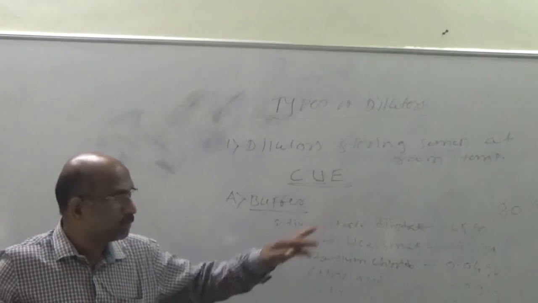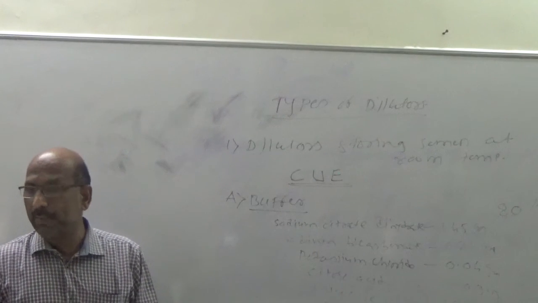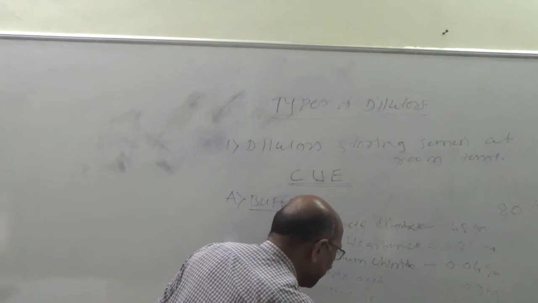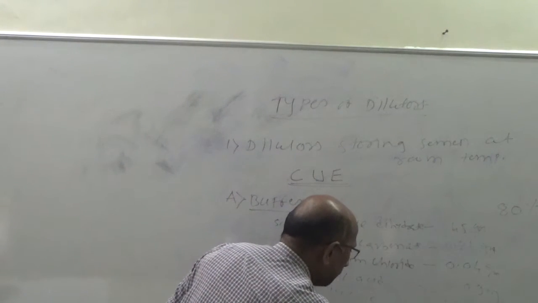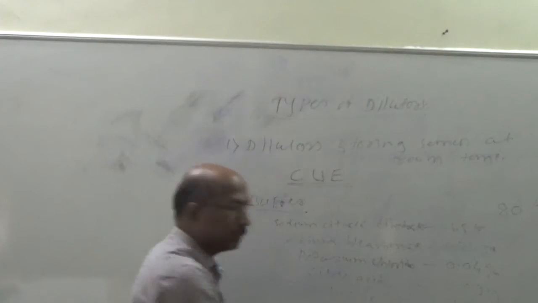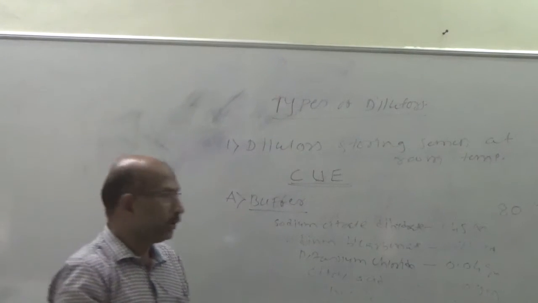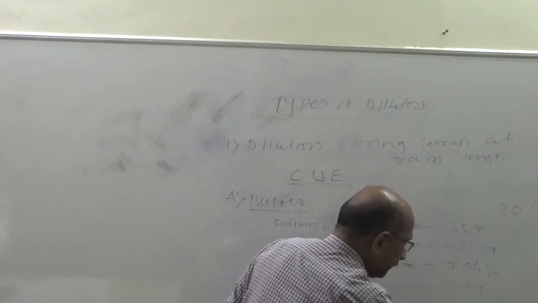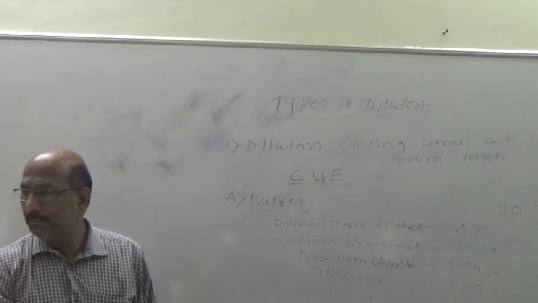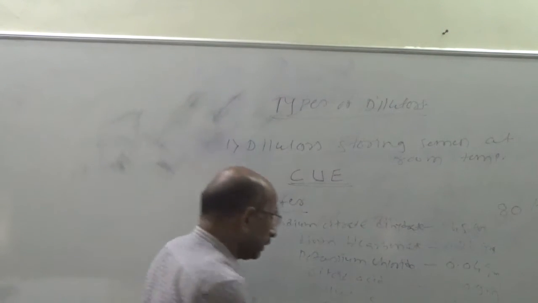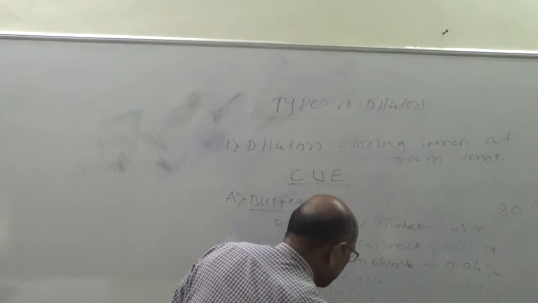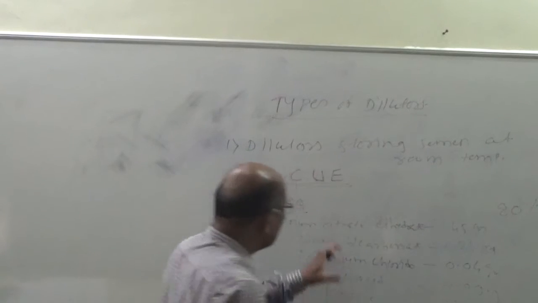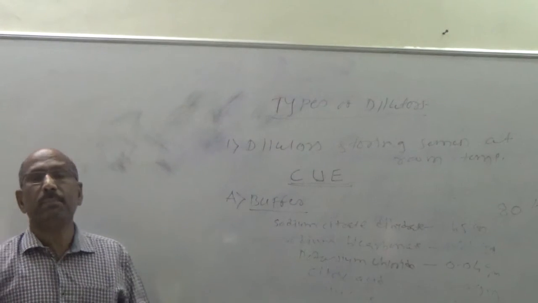The buffer should be about 80%. Again there is glycine. Next, sulfanilamide, 0.30 grams, and distilled water, 100 ml. So this buffer can be made.